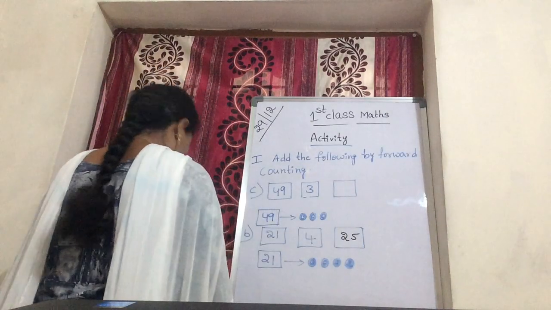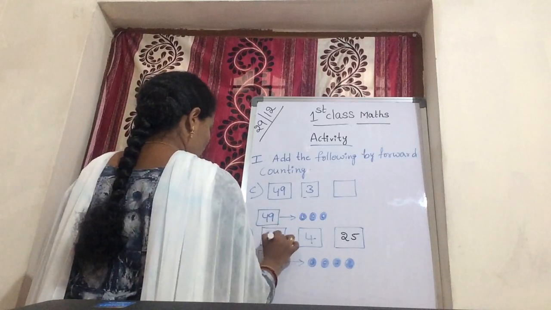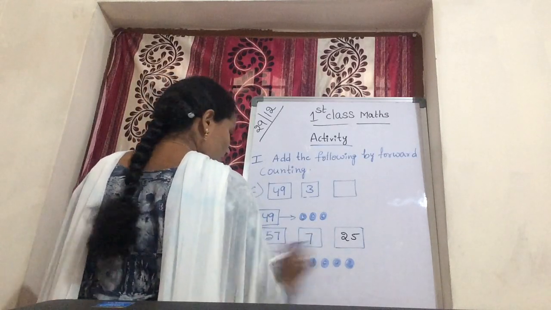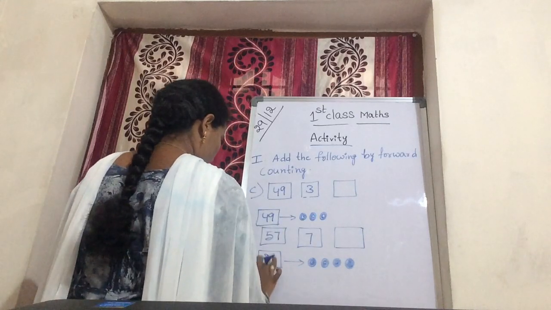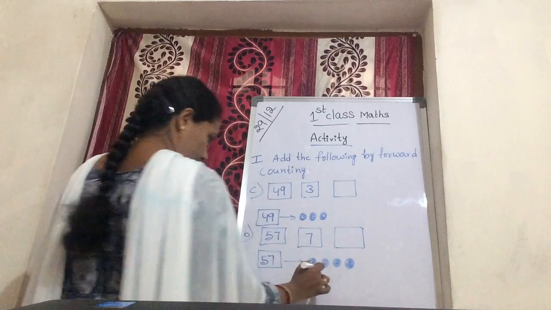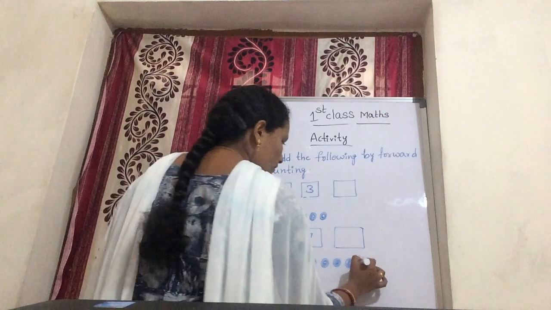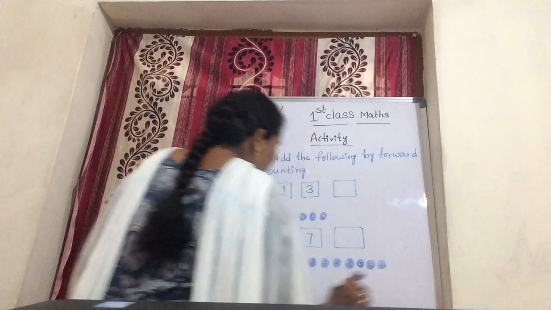Now next one: 57 plus 7. Right here, how much do you get? Now next, the same as it is. 57 plus 7. So you are getting only 4. Now you are taking one more 3: 1, 2 and 3.